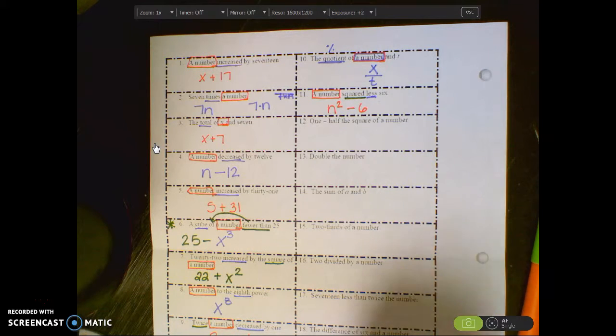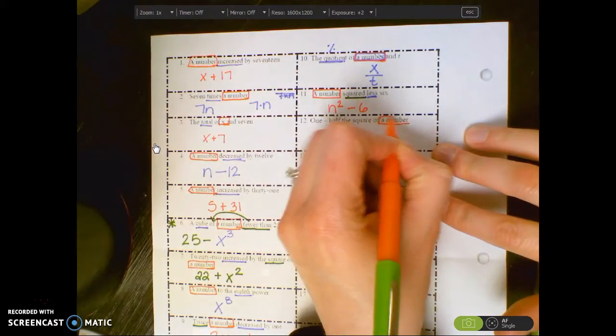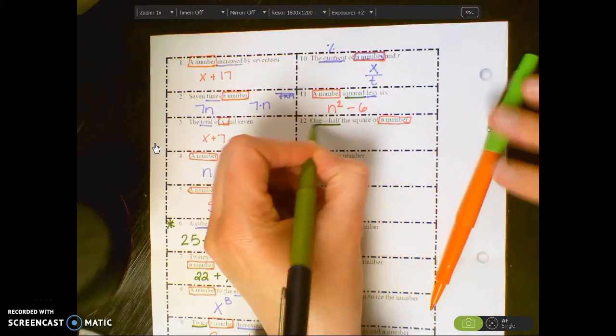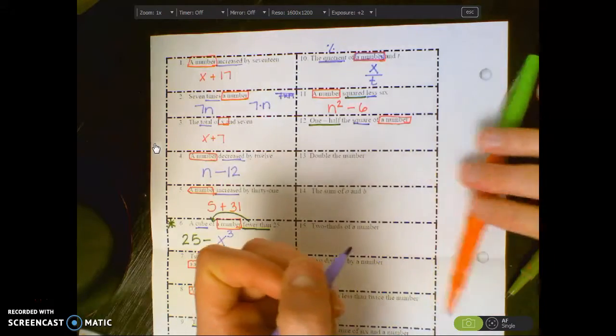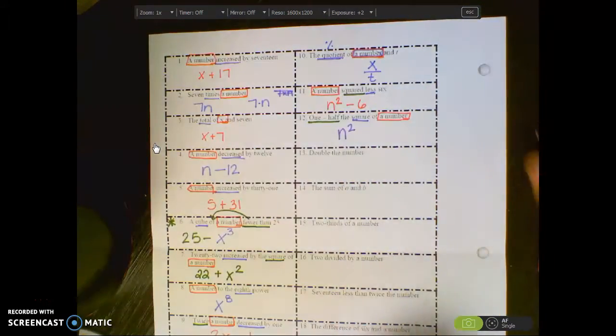So I hear a number. I hear 1/2, and I hear square. So I'm going to do a number squared. Anytime I've heard squared or cubed, I just automatically put it right up there because I know it has to be attached to that number.